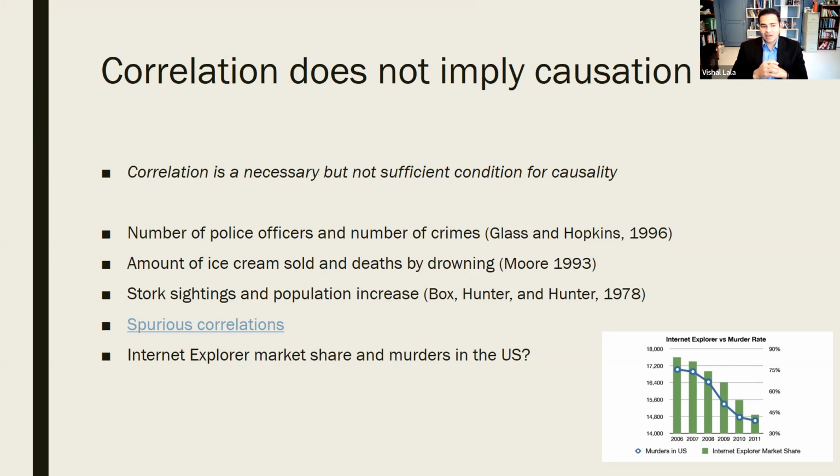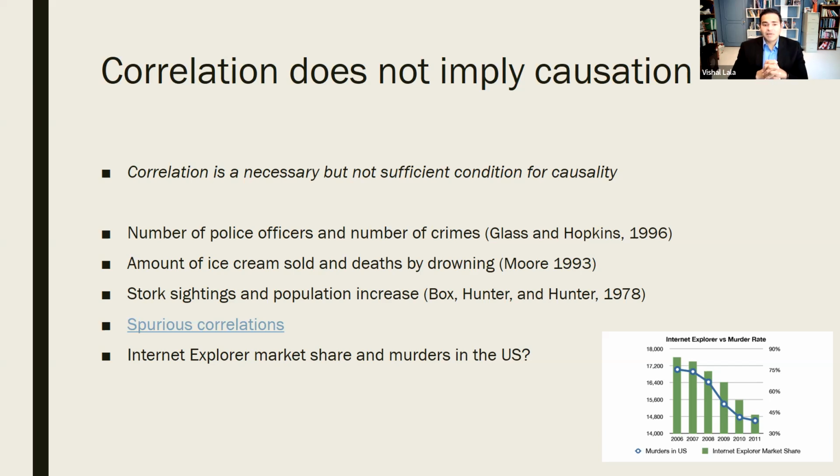Another example in the literature is that the amount of ice cream sold and deaths by drowning have been found to be highly correlated. Now, I'm hoping eating ice cream isn't leading to deaths by drowning, but they're correlated.